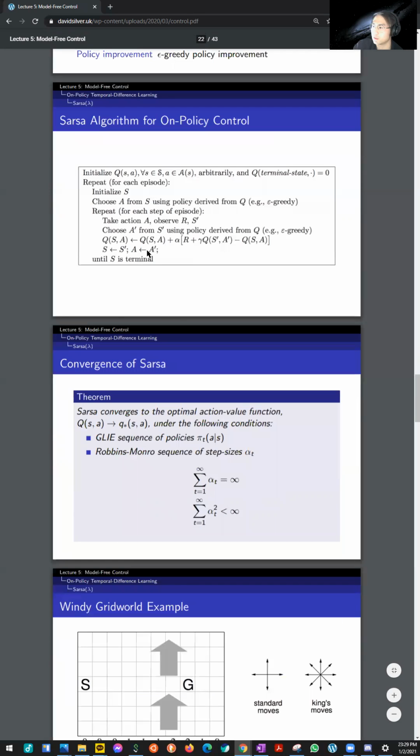And then we repeat this. One other thing to note here is that the next state S prime is being assigned to the variable S, which means that we're actually going to make that action A prime here.